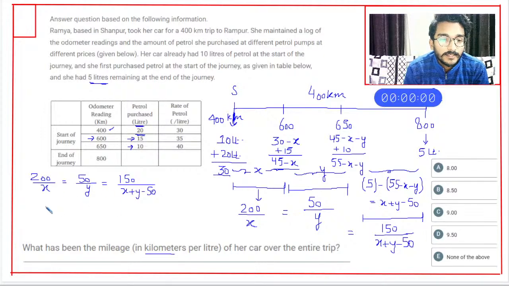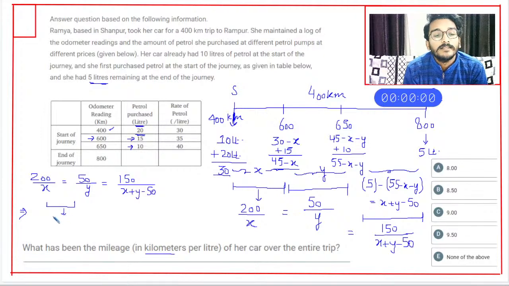So setting some relation here, I can clearly see from the first two parts, 4x equal to 4y. So there is this relation from the first two. From the last two, I can say that there is some equation like this: x plus y minus 50 equal to 3y.